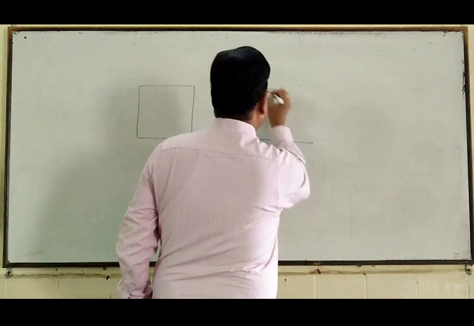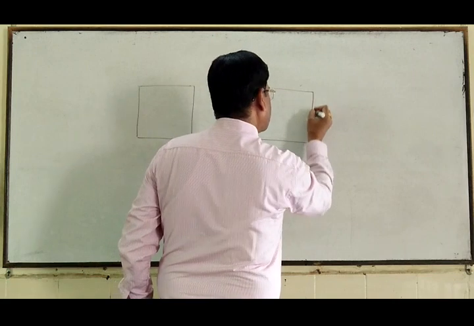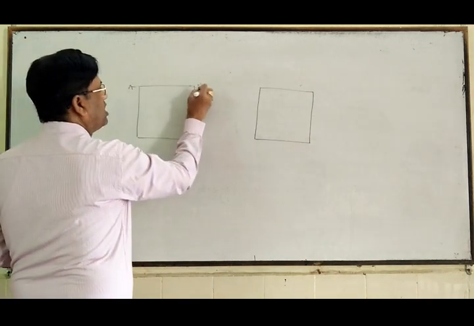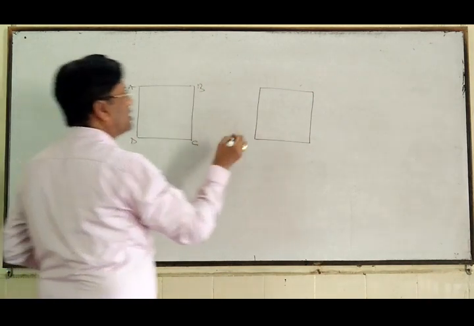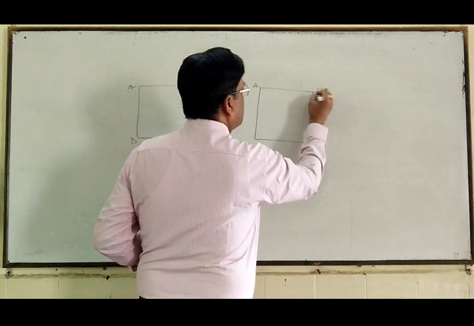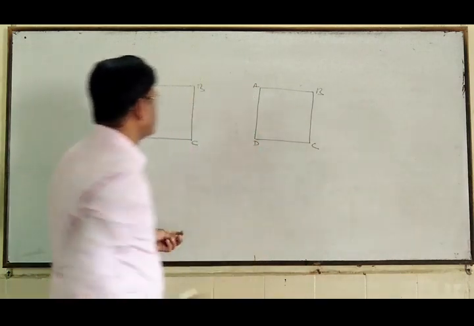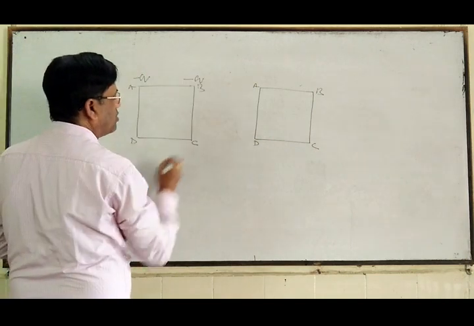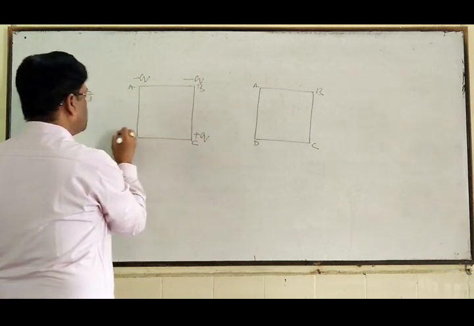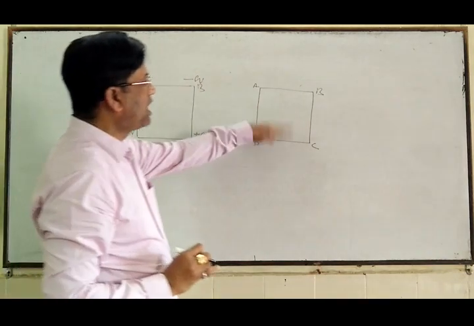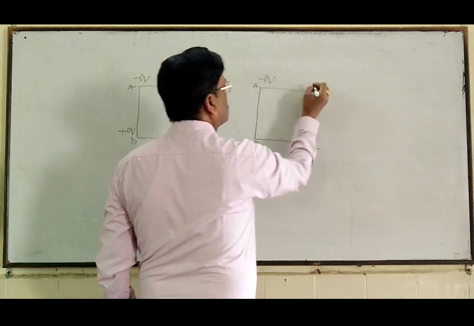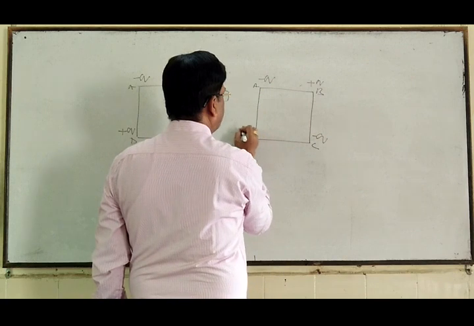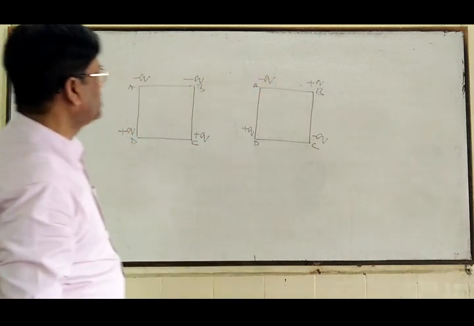There are two squares, A, B, C, D, and this is also A, B, C, D. Here there is a minus Q charge, this minus Q, this minus Q, and this plus Q. Now here the arrangement is a little changed: minus Q, plus Q, then minus Q, and here it is plus at this corner.